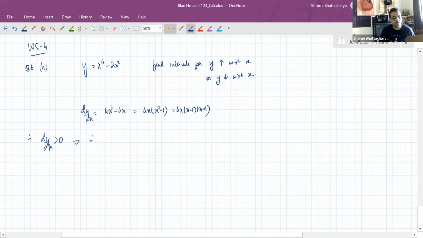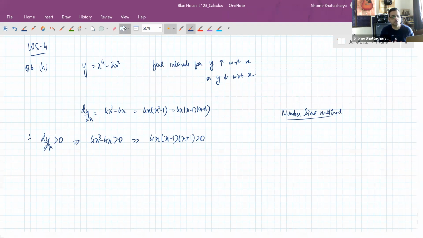It means that 4x cube minus 4x is greater than 0. That means 4x into x minus 1 into x plus 1 is greater than 0. So we will use the number line or wavy curve method, because we have the product of three things.